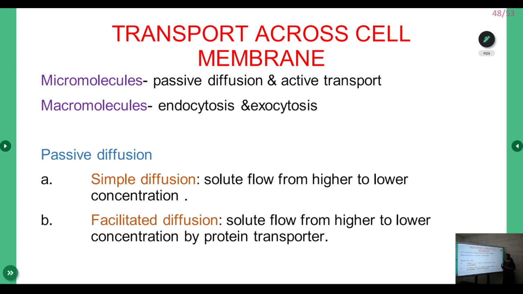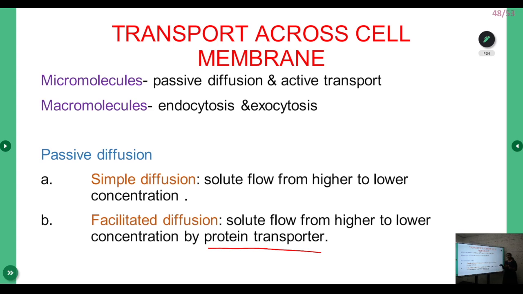We have learned in our earlier classes that diffusion is the flow from a higher concentration to a lower concentration. So here also the solute will flow from a higher concentration to a lower concentration. The second one is facilitated diffusion, where the solute flows from a higher concentration to a lower concentration, but by means of a protein transporter.